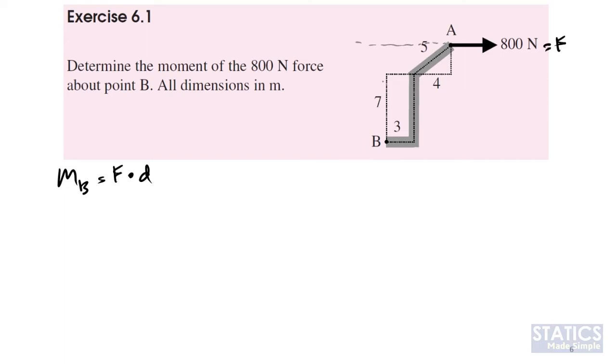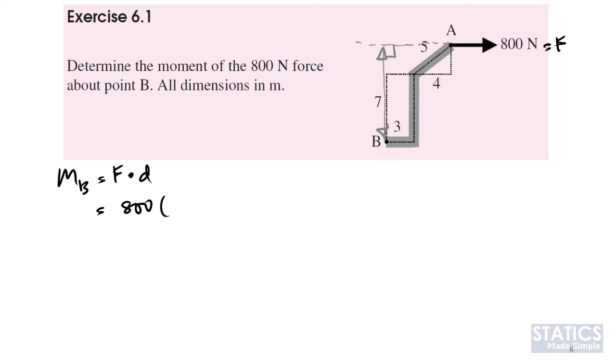This will be the perpendicular or shortest distance from the line of force towards point B. Once we have determined that, we can write moment at B equals 800 times D.